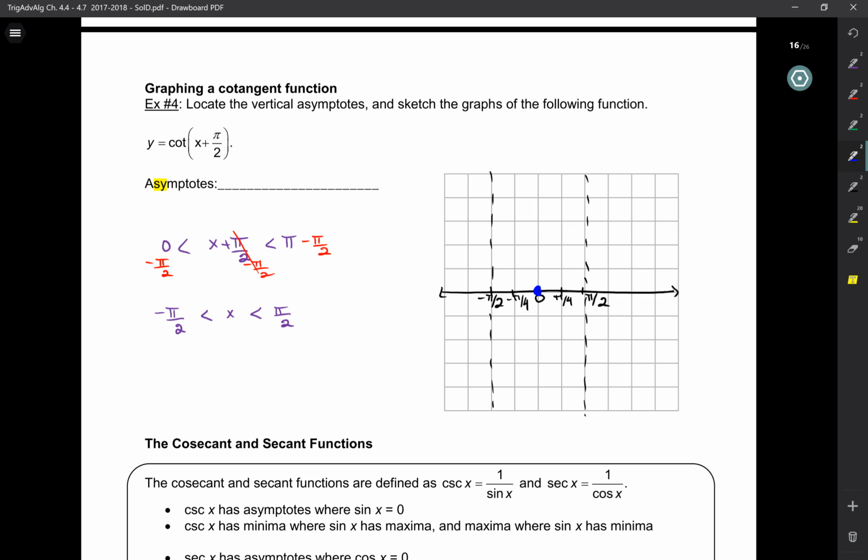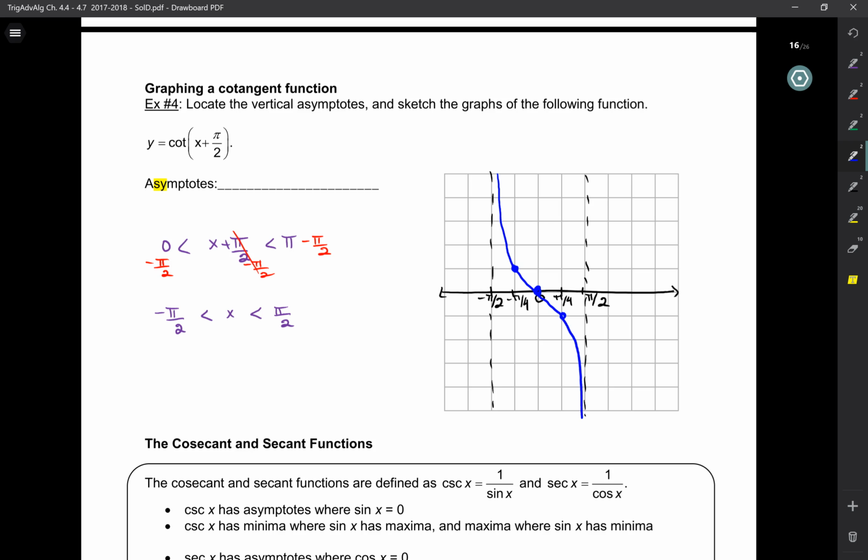On the right, I'm going to go down on the right. Okay? So if it's negative, you go up. Yes, correct. For tangent and cotangent, they're reversed. Tangent would have gone up on the right. Cotangent goes down on the right.